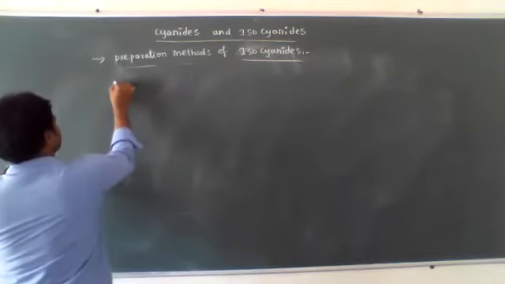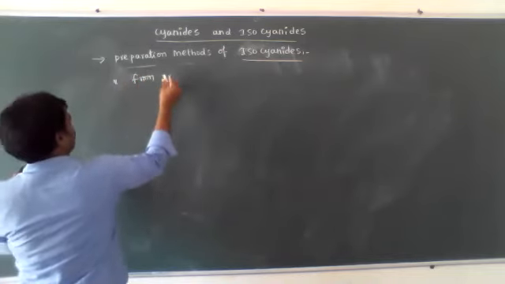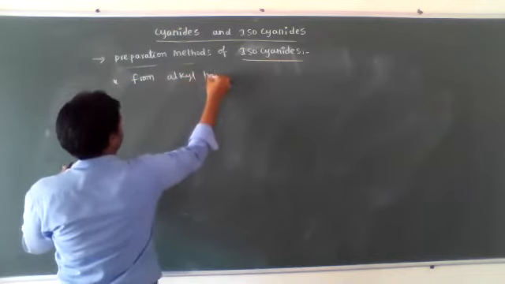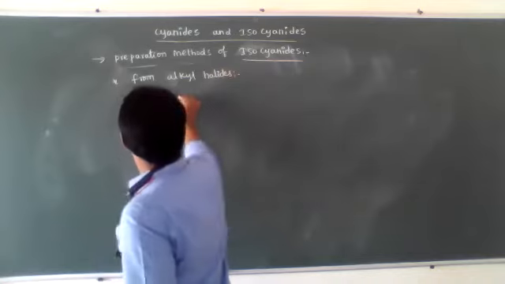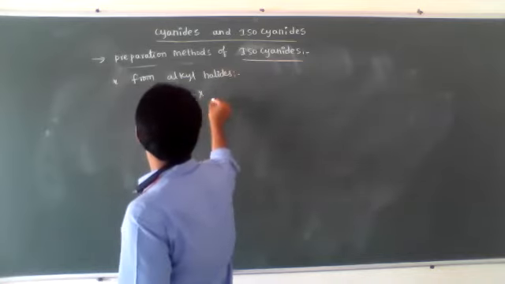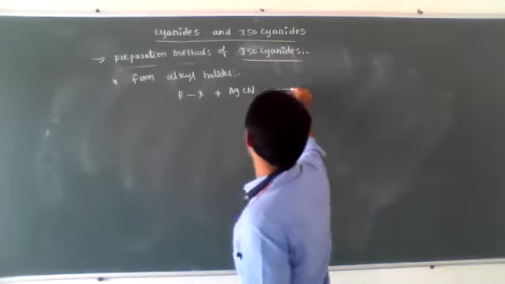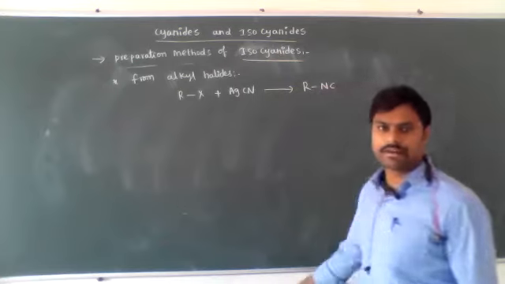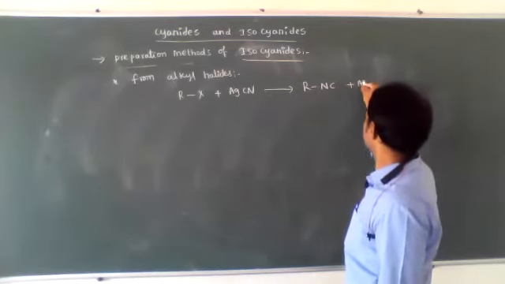The first one is from alkyl halides. Alkyl halides react with AgCN, silver cyanide, and we get R-NC plus AgX. Already this chemical property we discussed earlier.